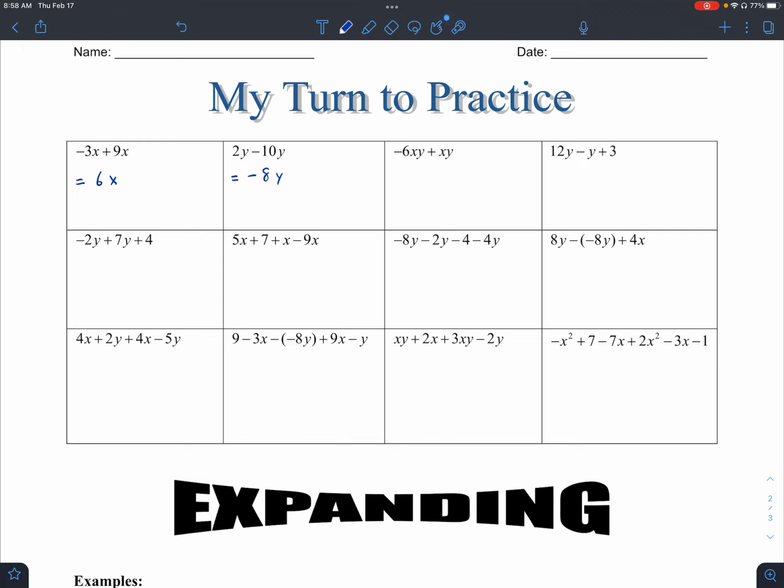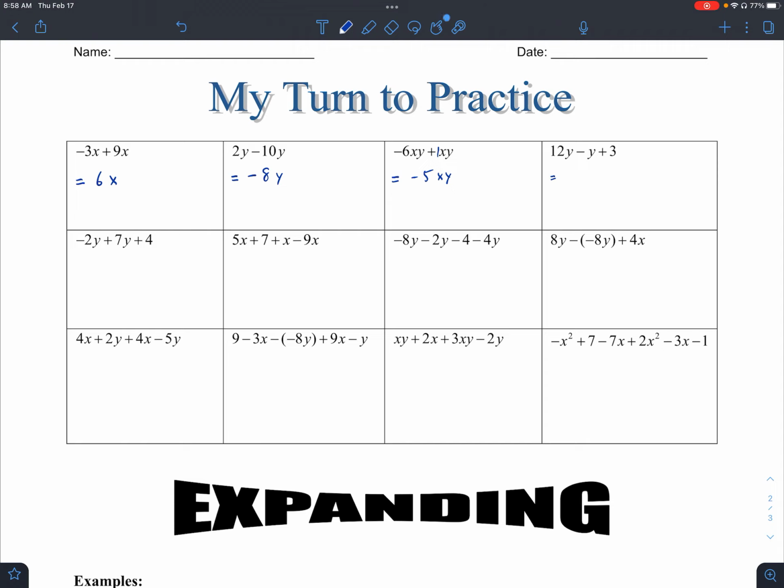And the next one, so we got -6, and there's a 1 that's not written. Okay, there's a 1 in front of the xy. So -6 plus 1 is going to be -5xy.